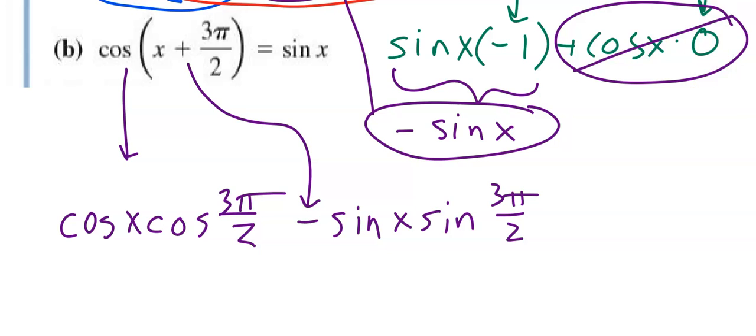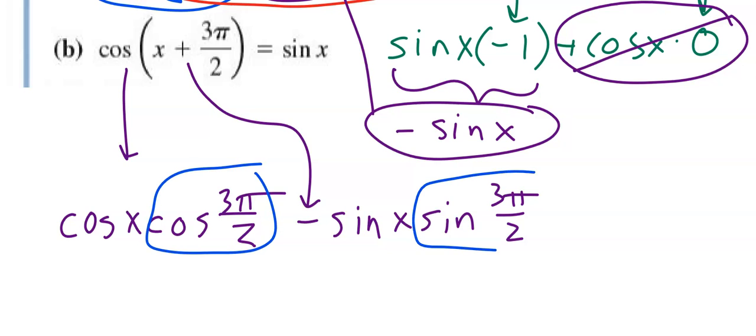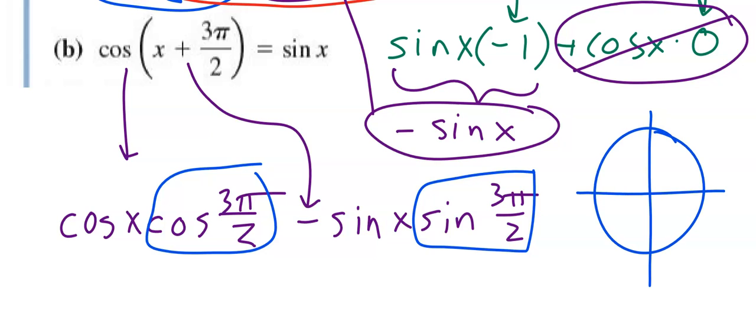All right. And now we need to replace these two things. Where is 3 pi over 2 on the circle? It's at the bottom, isn't it? And what is that coordinate down there? 0, comma, -1. That's the coordinate at the bottom. You might want to use that information. 1 unit below the origin.